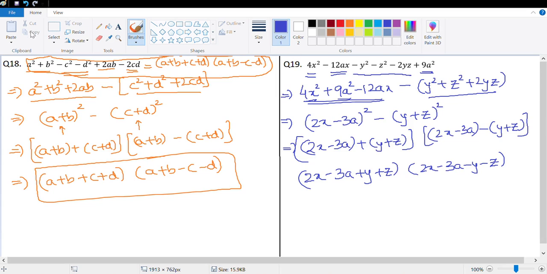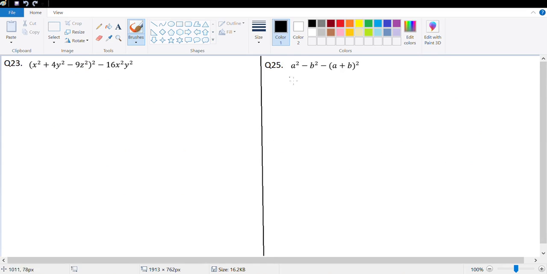The next one that we're doing is question number 23. It says x square plus 4y square minus 9z square the whole square minus 16x square y square. So this is first term square, and see if I can write the second term as something. So this is x square plus 4y square minus 9z square the whole square, and the second term can be written as negative 4xy the whole square.